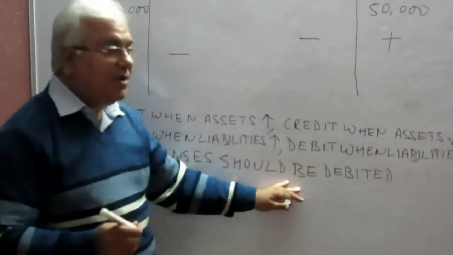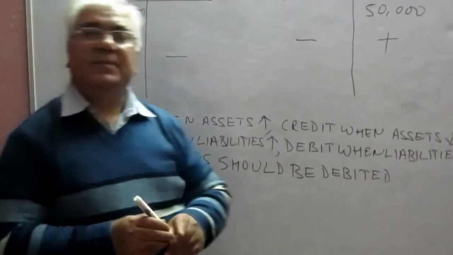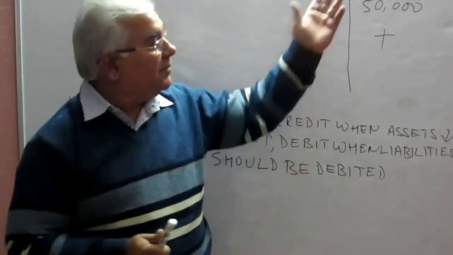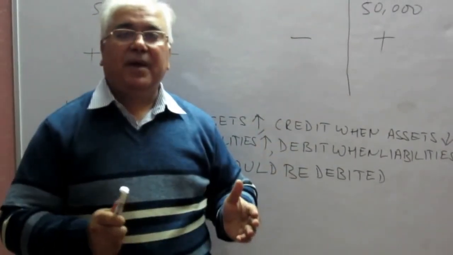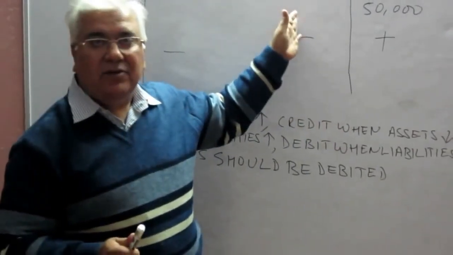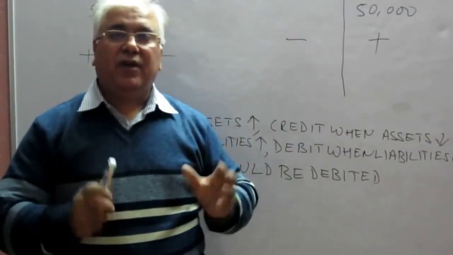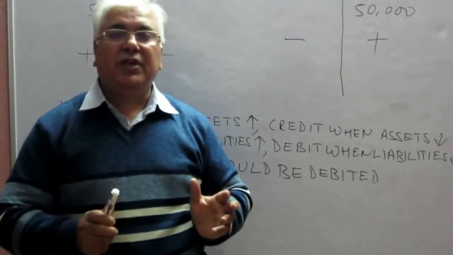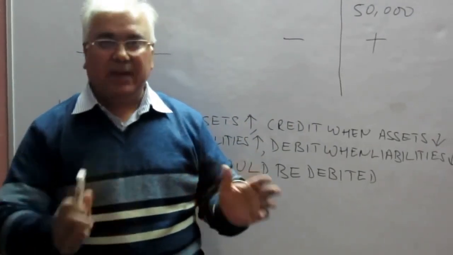I am saying so because basically all expenses, if you look at them from the capital account's view, are part of the capital account's debit side because they are reducing the capital account. But for our analysis purposes, we need to keep all the expense accounts separate.